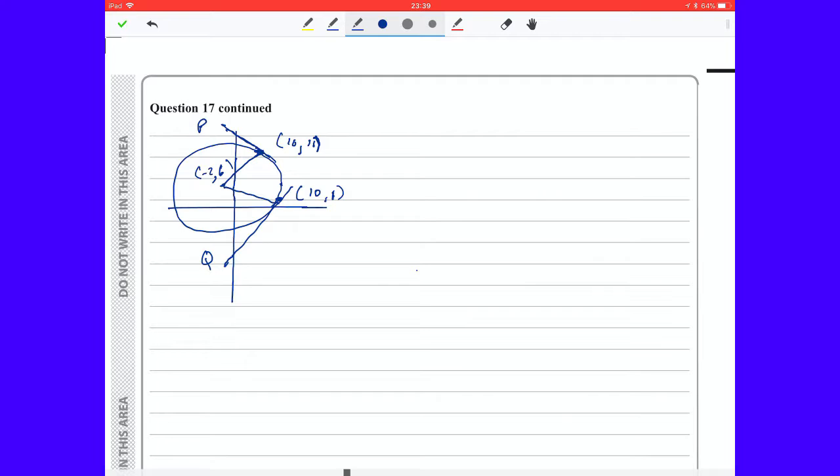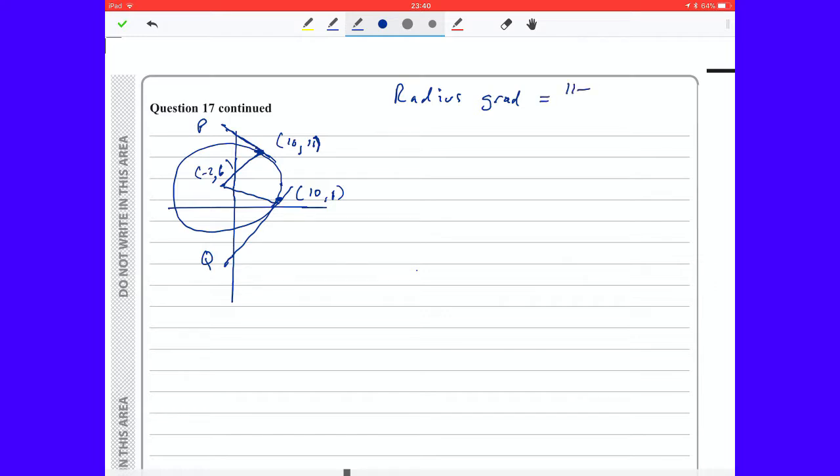So first of all, the tangent that passes through 10, 11. First, I need to find the gradient of the radius from -2, 6 to 10, 11, and that will enable me to calculate the gradient of the tangent. So let's say the radius gradient is the difference in the y-coordinates divided by the difference in the x-coordinates.